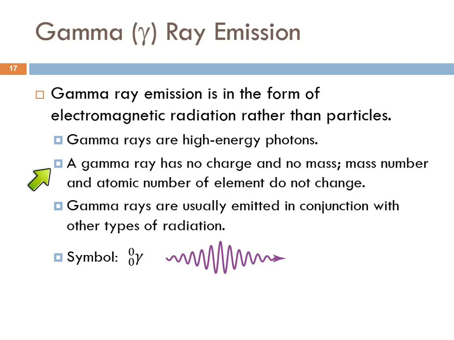So gamma rays have no charge and no mass, so the mass number and the atomic number of the element don't change. The symbol is gamma with a superscript and a subscript of 0. We usually see gamma ray emission in conjunction with some other type of radiation. There may be beta decay and gamma radiation as well.